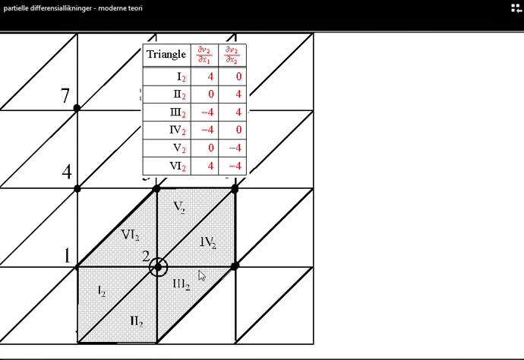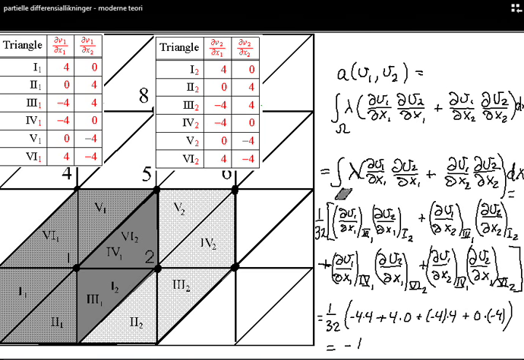So when we know our pairing of V1 with V2, we have to look at the intersection of these supports. And how are we going to proceed to find this pairing? Well, here we see this intersection between these two basis functions.